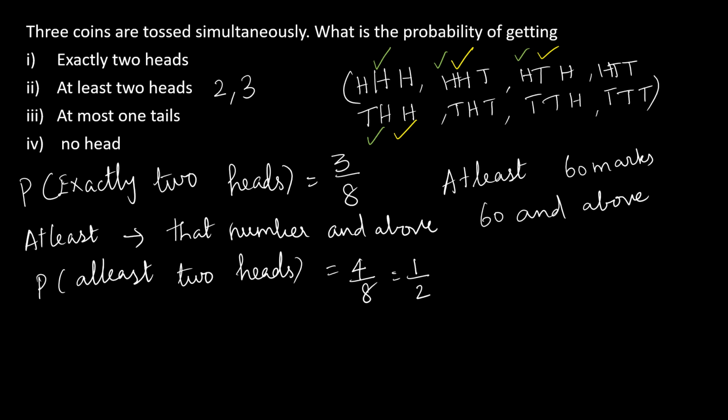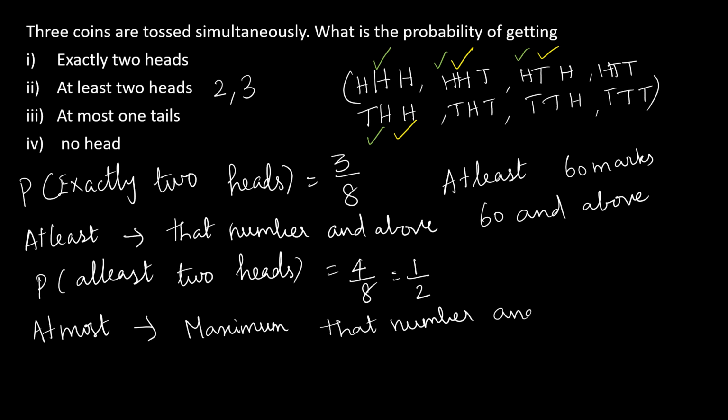In the same way as at least, at most will also be confusing. At most means that is the maximum they have given, and you have to see that number and below. You understand this very clearly: at most means that number and below.